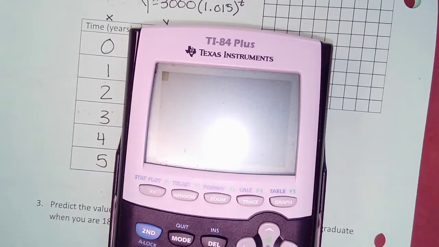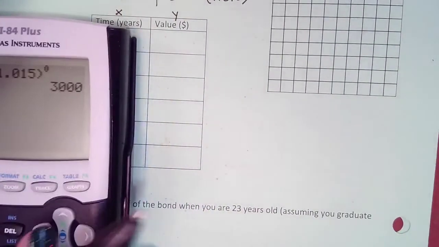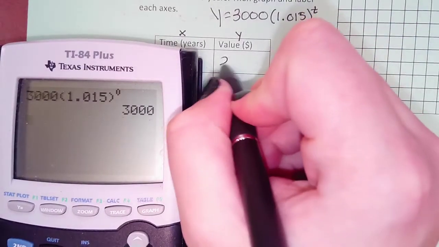So in my calculator, I'm going to type this in. 3,000, parentheses, 1.015, close parentheses, caret symbol, 0. $3,000. 0 years in, my bond is still worth $3,000.